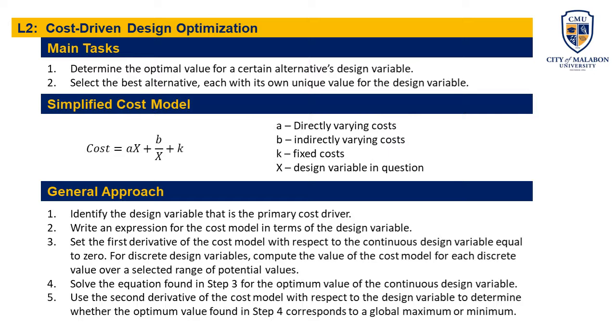So, getting the second derivative, as we recall, gives us the point of inflection of the curve. Whenever the curve is going up, the second derivative will determine the maximum value. Okay, and also there is a minimum value that is determined by the second derivative of the cost model.